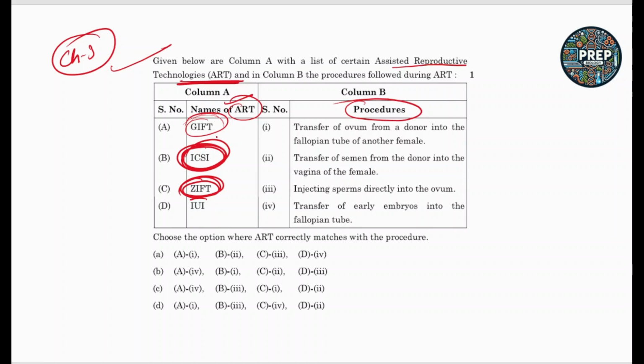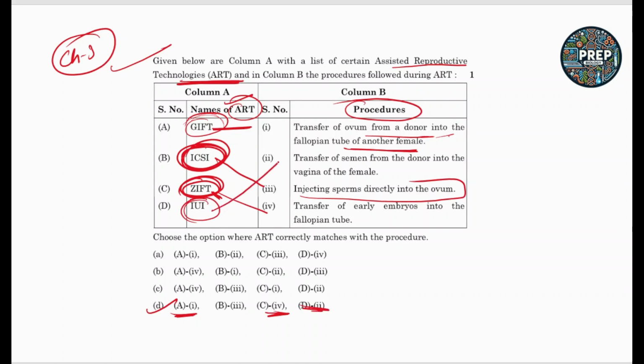The answer of this question is option D, that is A with 1, that is GIFT, transfer of the ovum from the donor into the fallopian tube. ICSI with third, that is the injection of sperm directly into the ovum. Next is ZIFT, transfer of the early embryos, that is with the fourth, and IUI is with the second, the transfer of the semen from the donor into the vagina of the female.